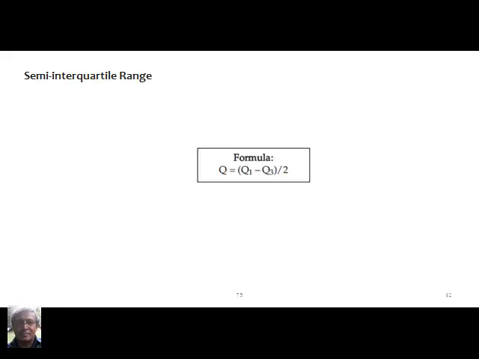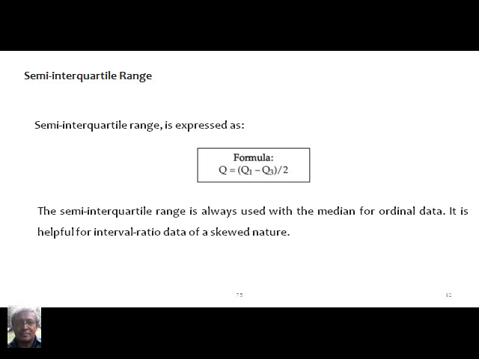Semi-interquartile range. The semi-interquartile range is always used with the median for ordinal data. It is helpful for interval ratio data of a skewed nature.